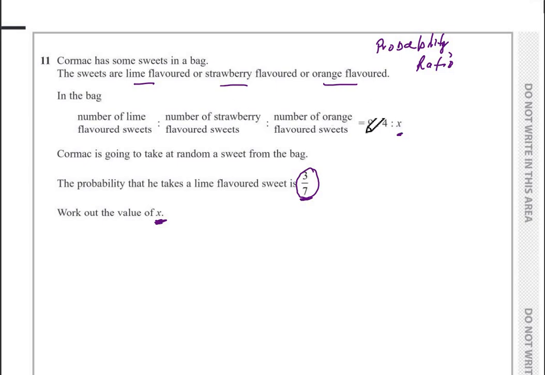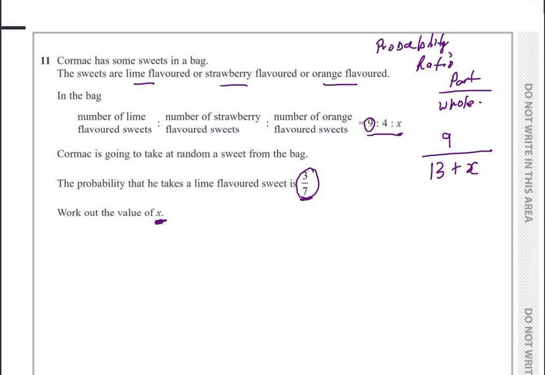If we place this whole ratio in the form of part over whole, then the part is 9 parts, which is the number of lime flavored sweets, over the total number of sweets, which is 9 plus 4 plus x, that's the whole, and that gives us 13 plus x.